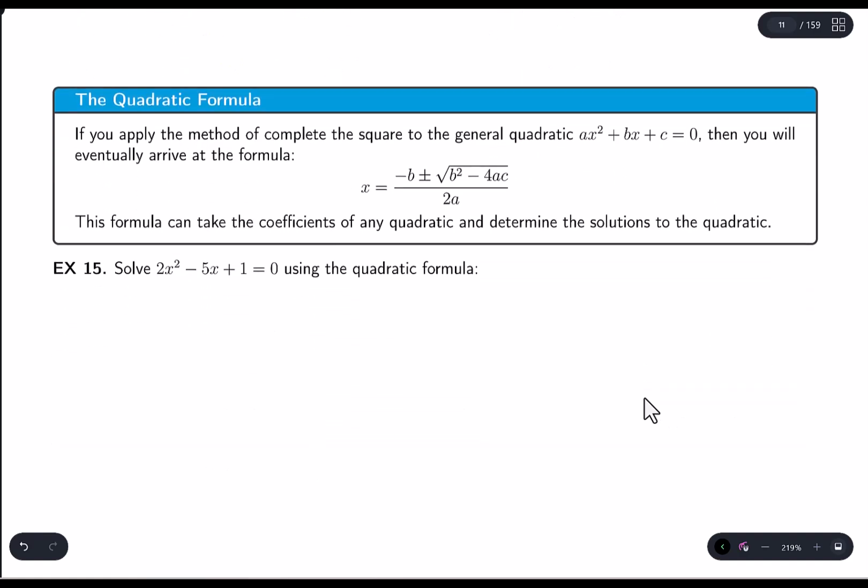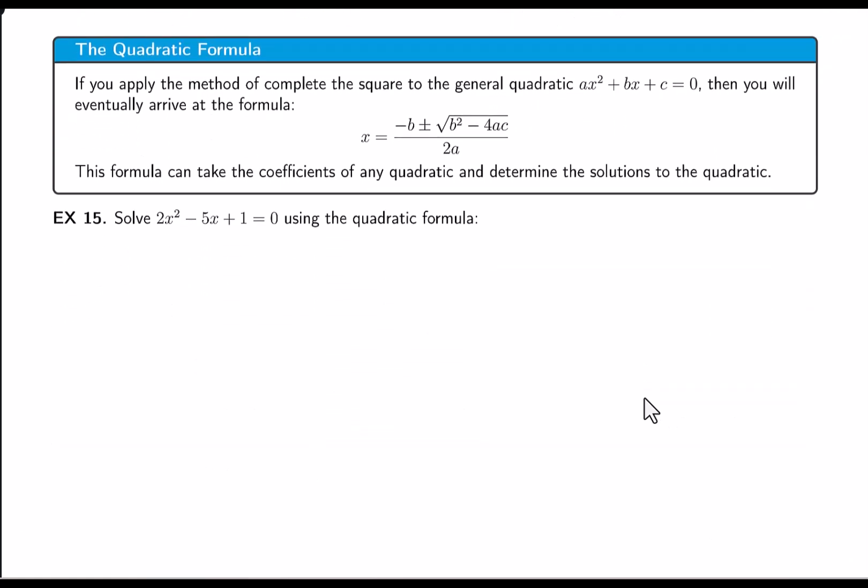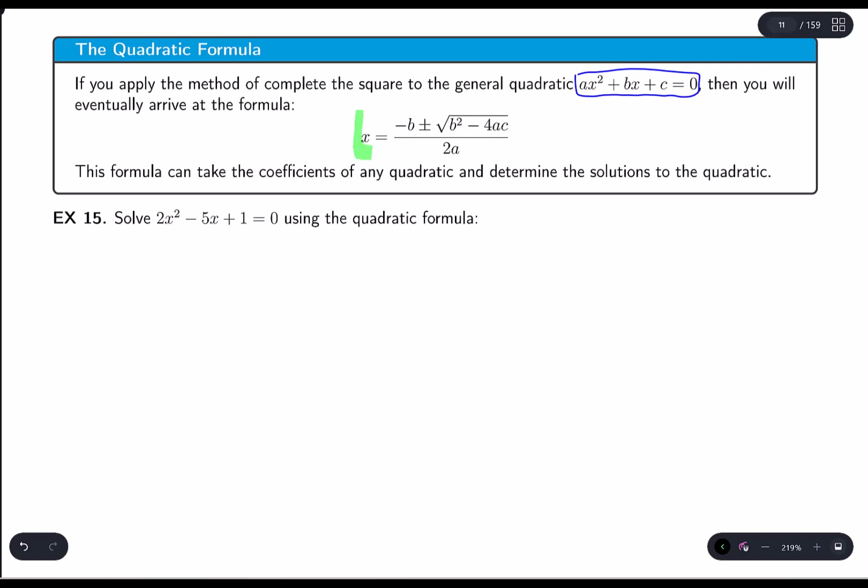Now, the quadratic formula. The thing about the quadratic formula is if you take the general quadratic, which is ax squared plus bx plus c equals 0, and you apply completing the square to it, it'll eventually suss out and give you this equation right here, which is x equals negative b plus or minus the square root of b squared minus 4ac all over 2a.